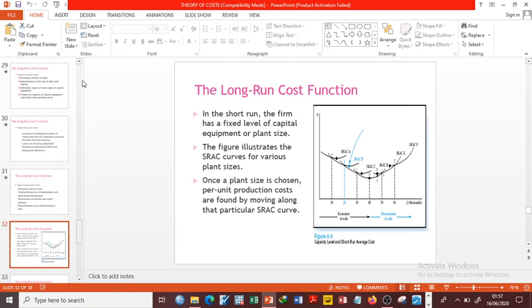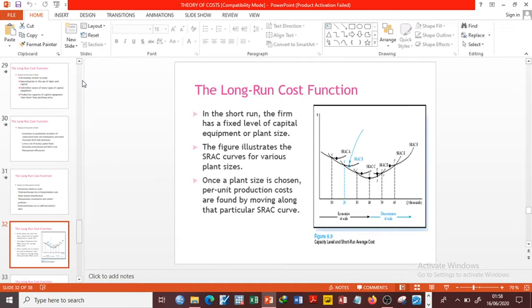Now, this is how the long run cost function, or the long run cost curve, looks like. Important for us to note is that the long run cost function is a summation of various short run average cost curves, or several SAC curves, right? And just like I said, economies of scale happen in the long run.